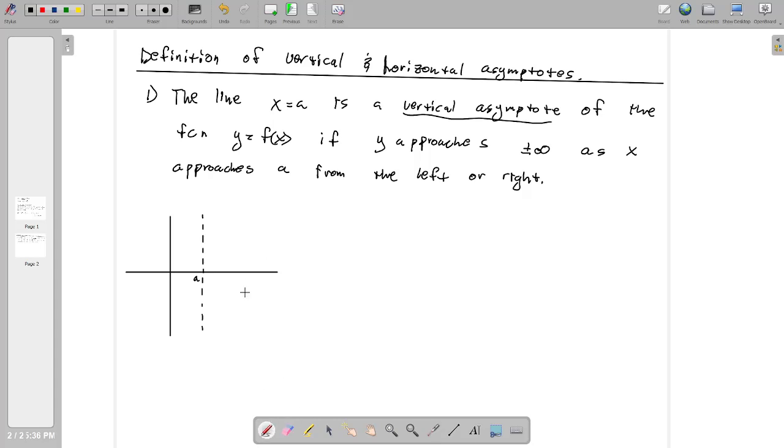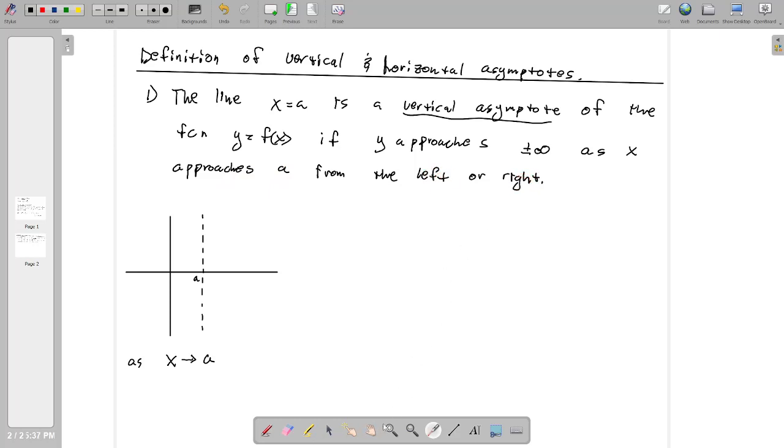Okay, now some notation for us. When we say that x approaches a, we write it in this notation. X is moving towards a. Now, which direction is x moving towards a? That's a question because we just said that a vertical asymptote of the function y equals f of x is that y approaches positive or negative infinity as x approaches a from either the left or the right.